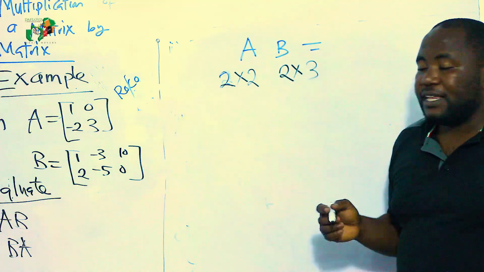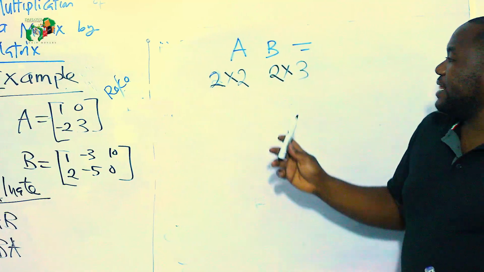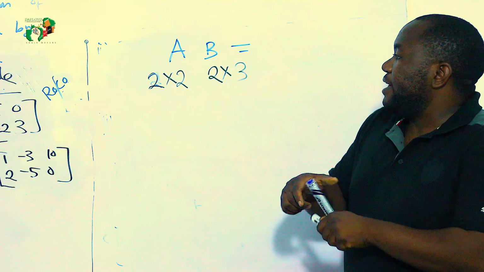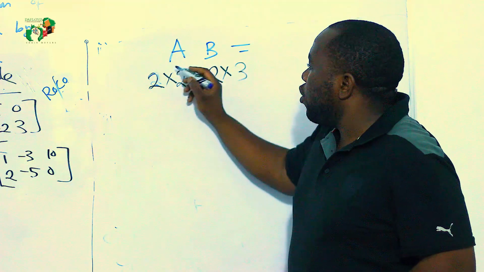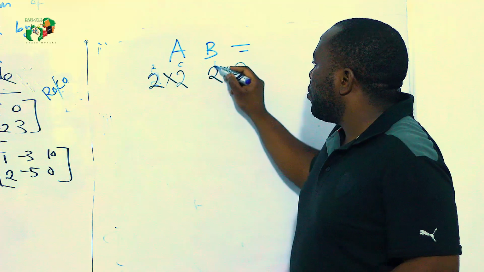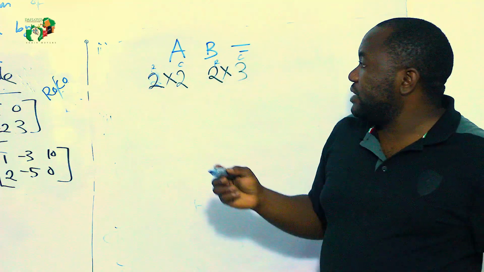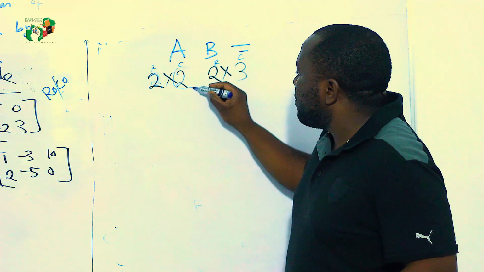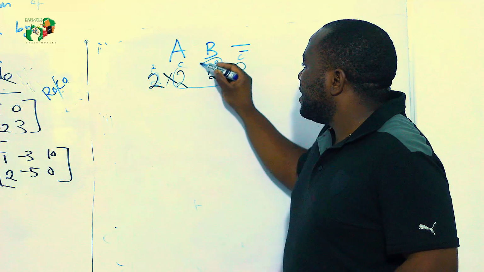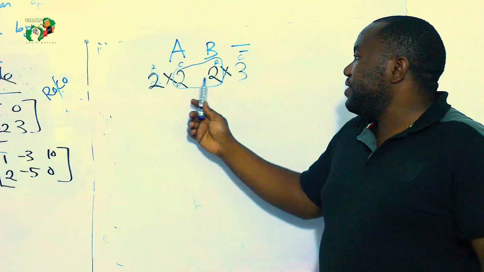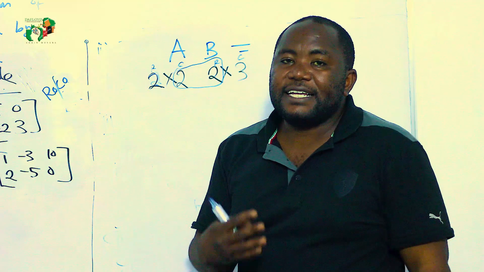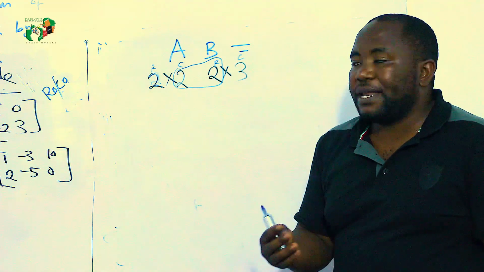So after we look at this on that first point, we see that the first matrix column and the second matrix rows, if these two are equal, tell us that this matrix can be multiplied.